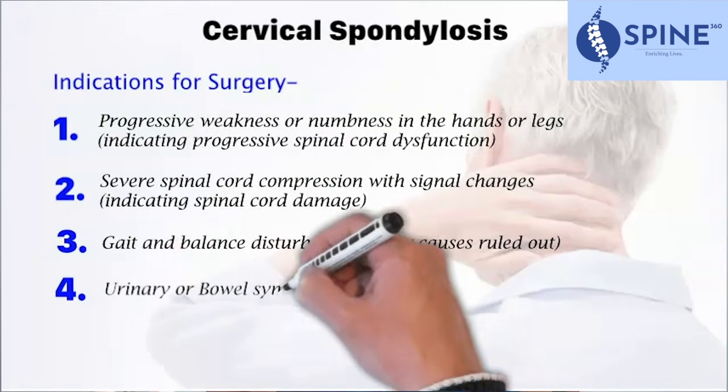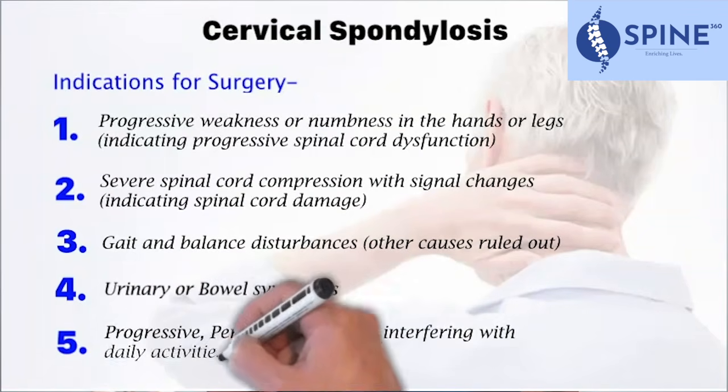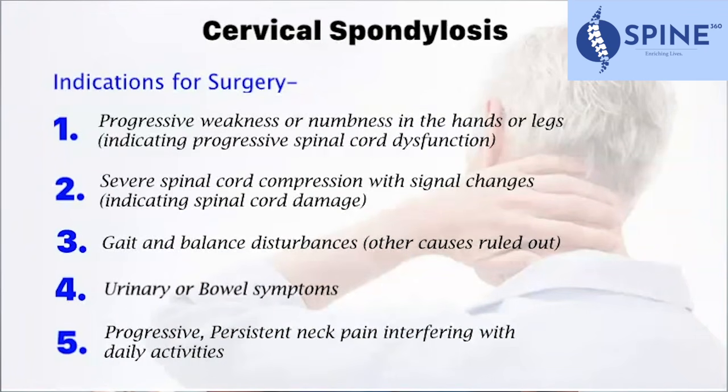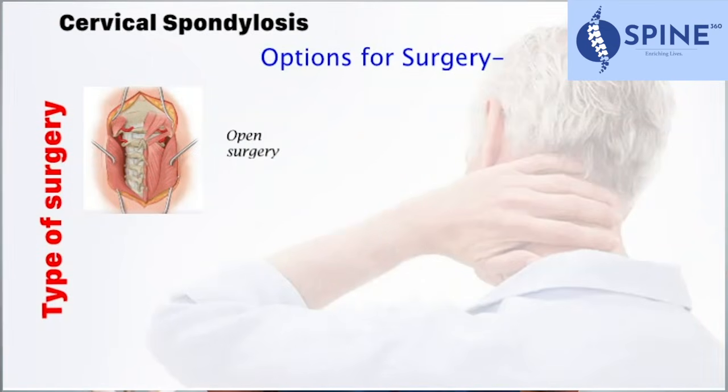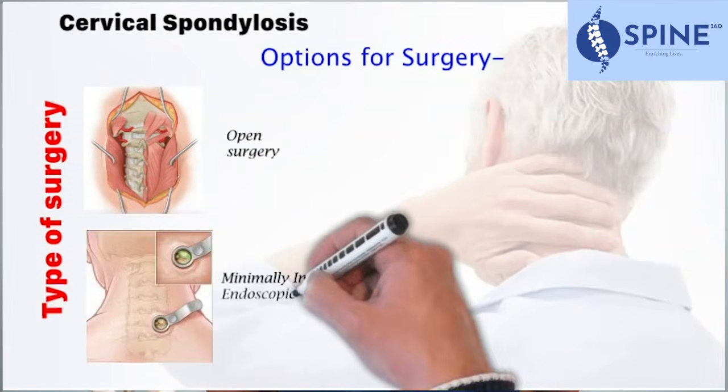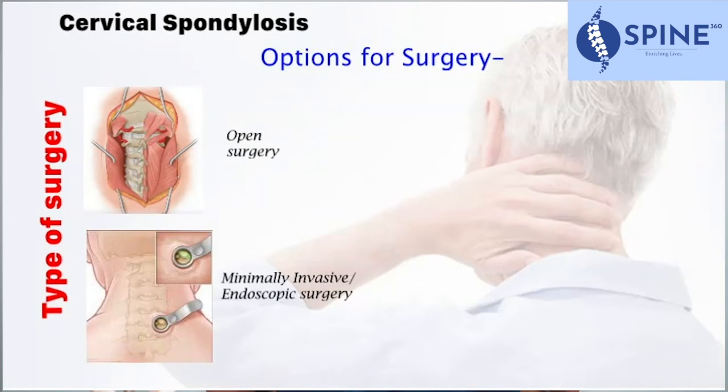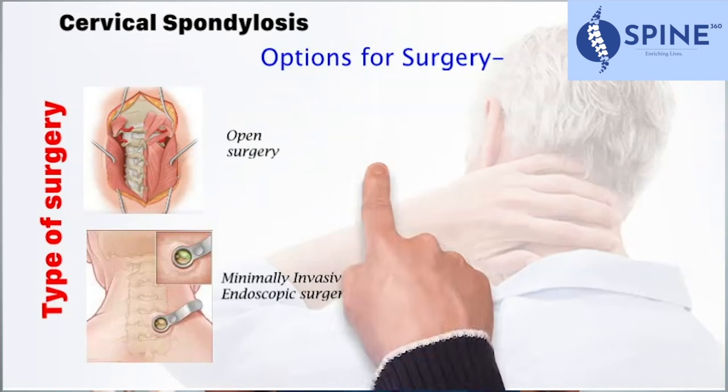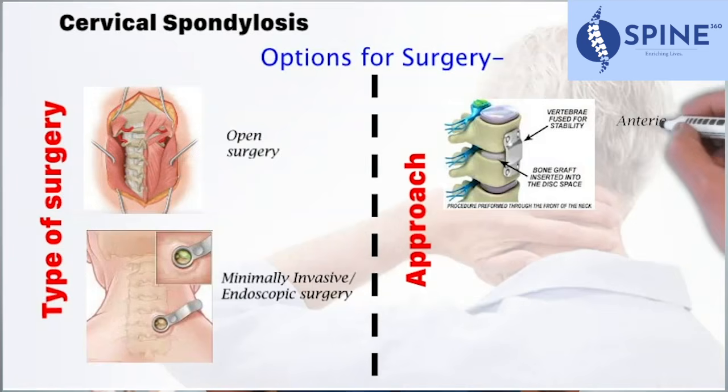In advanced cases, whenever there is nerve involvement, weakness, numbness or difficulty in walking, these are usually the cases where surgical intervention will be required. There are various types of surgical intervention, either a conventional open surgery or a minimally invasive spine surgery, which is more beneficial in terms of faster recovery, lesser blood loss and quicker return to work.